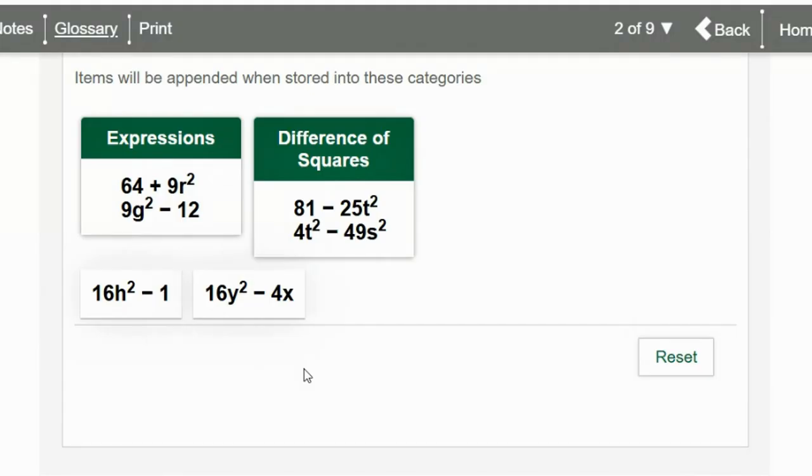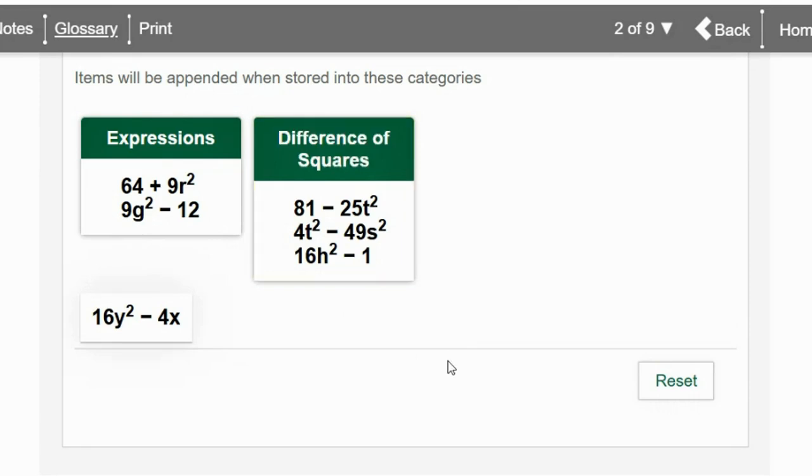I'm just letting that hang out there. 16h squared. So that is, oh, excuse me, that is 4h times 4h, right? So that is 4h squared. Okay. And 1, yeah, 1 is a square because it's 1 times 1. So that is a difference of squares.